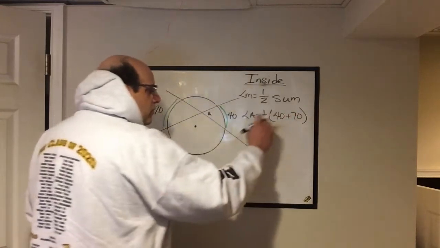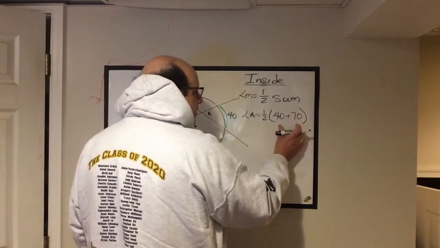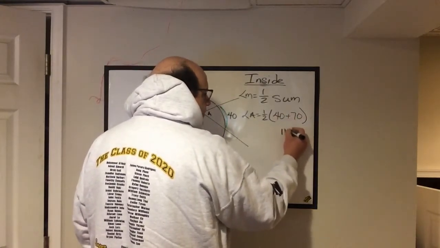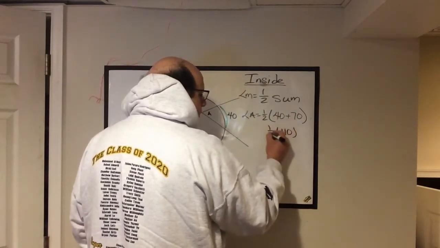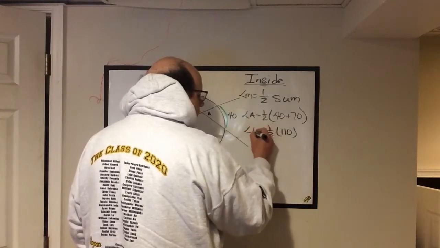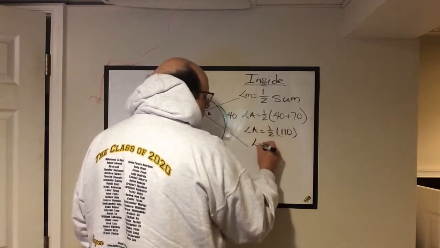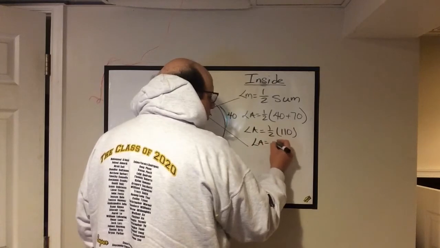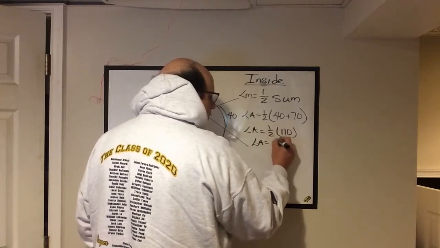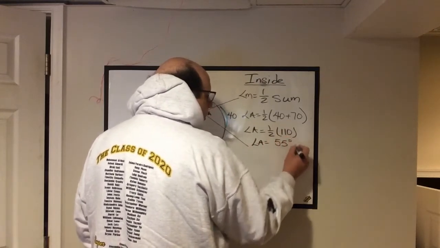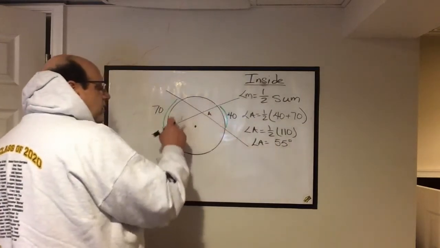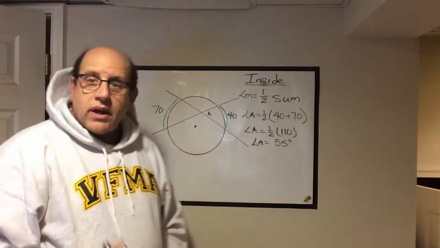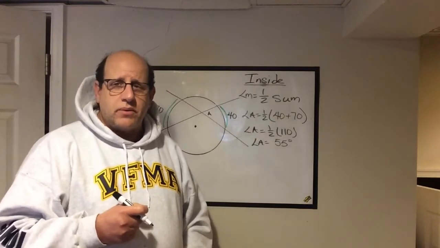So we can put our 40 and 70 together and we'll get our 110. Rewrite it. So angle A is equal to 55 degrees. So this is 55, therefore that's 55. And that's how you solve the first type.